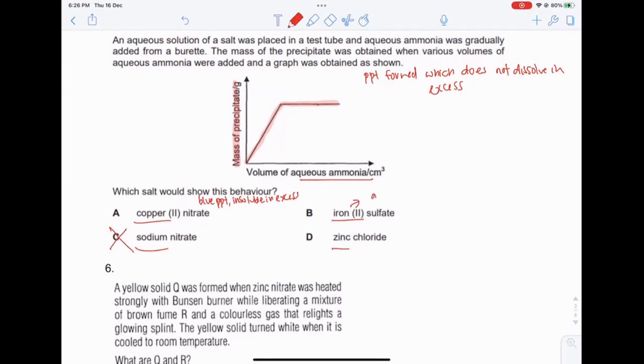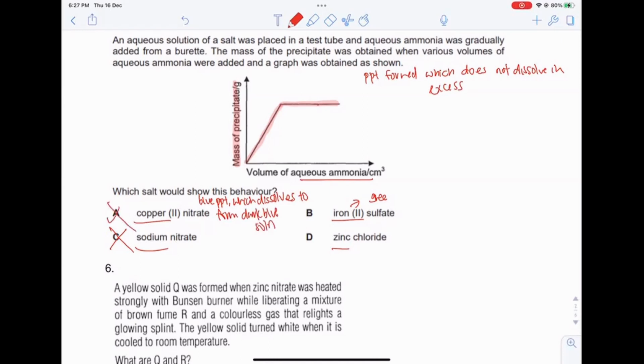So iron 2 will form a, I got wrong information. Because this is ammonia, insoluble in excess is for sodium hydroxide, which dissolves. So for copper 2, when you add in ammonia, it will form a blue precipitate when you add in a few drops, but when you add in excess, it will dissolve to form dark blue solution. So it's not the answer either.